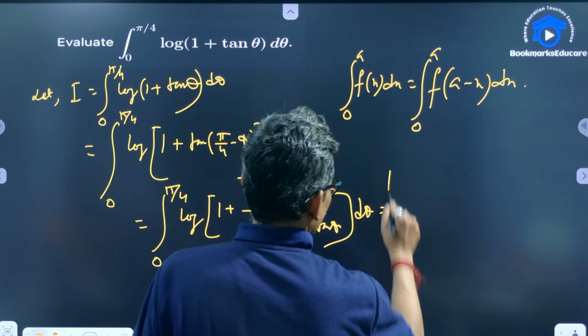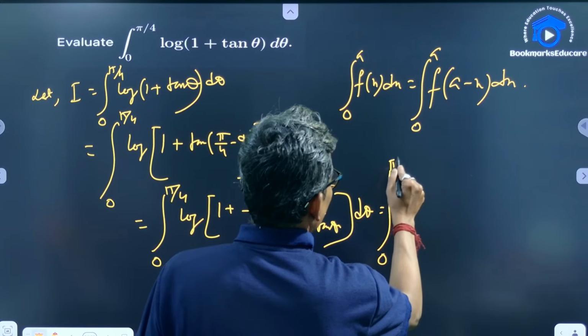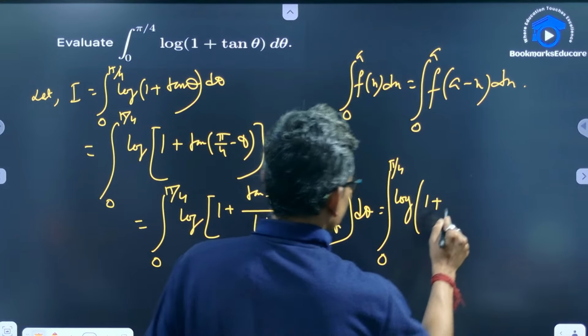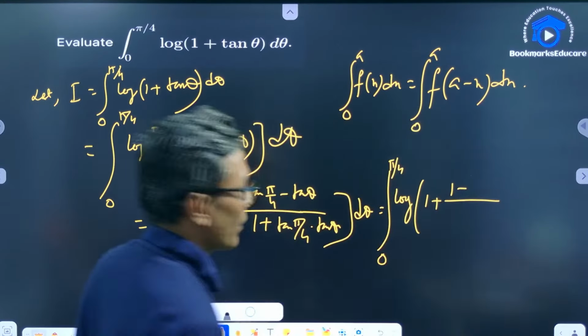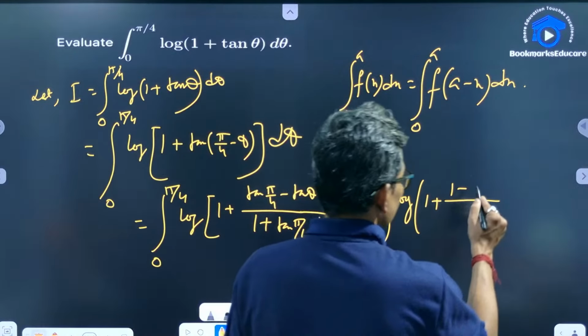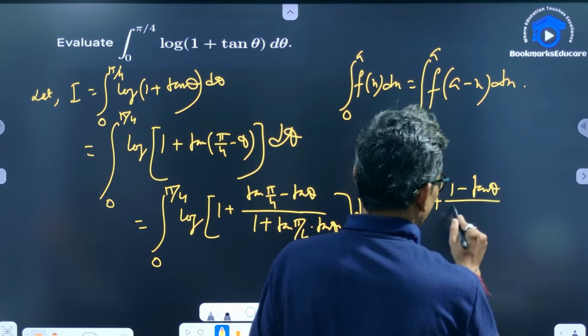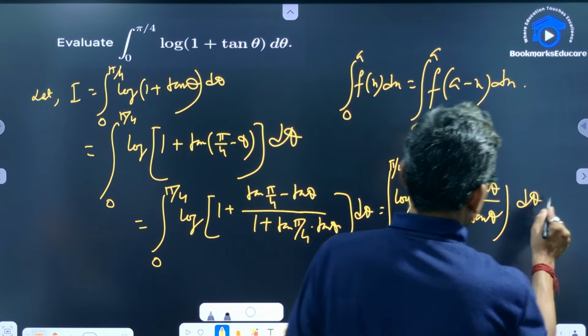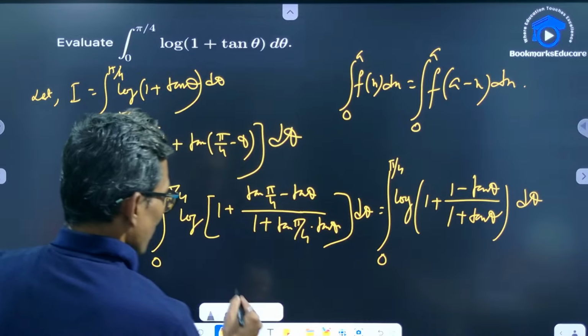So 0 to pi by 4 log of 1 plus (1 minus tan theta) by (1 plus tan theta), क्योंकि tan pi by 4 का वैल्यू 1 होता है, into d theta.